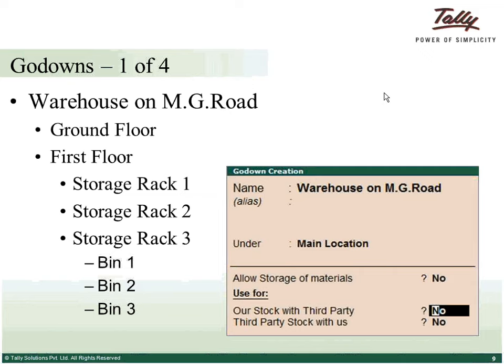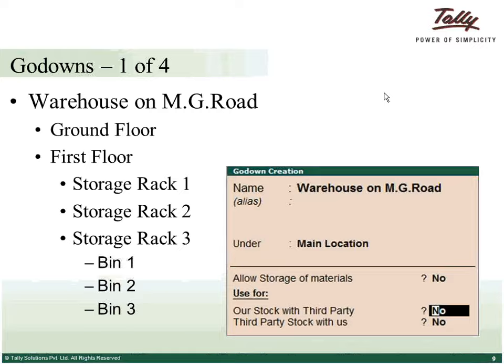These come under warehouse on MG Road, whereas storage rack 1, storage rack 2, storage rack 3 come under the godown first floor. And also bin 1, bin 2 and bin 3 come as sub-godowns under storage rack 3.